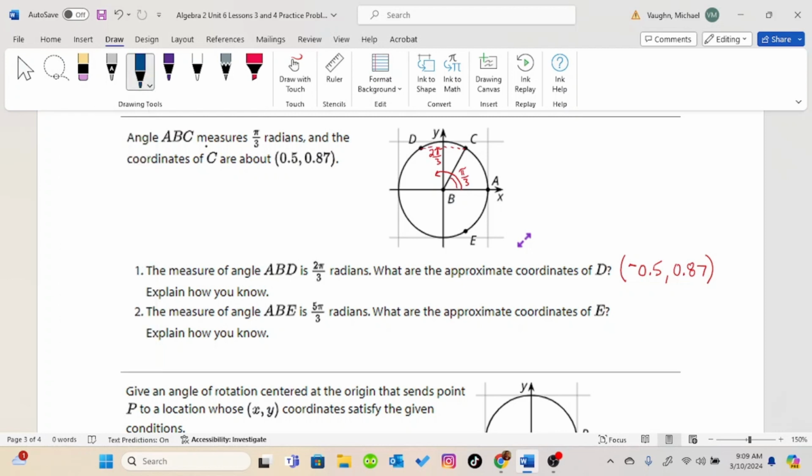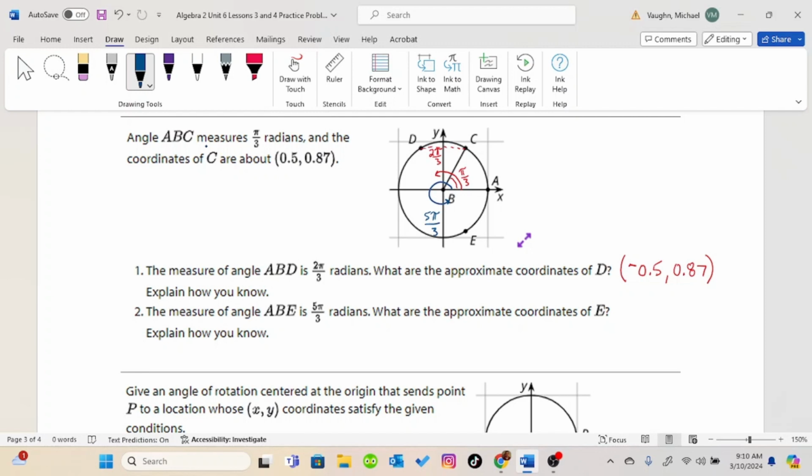Number 2, the measure of angle ABE, which would come all the way around to here. Well, this angle is now 5 times the original, or we can see that it's 1/3 pi away from being a full rotation.